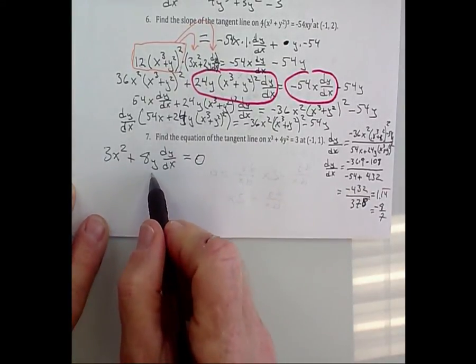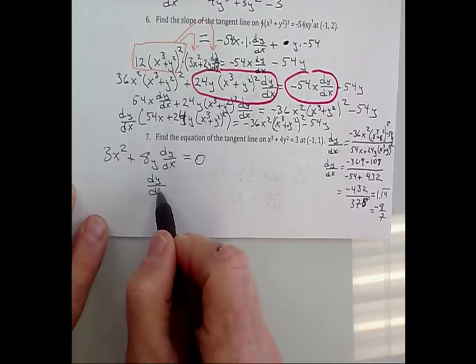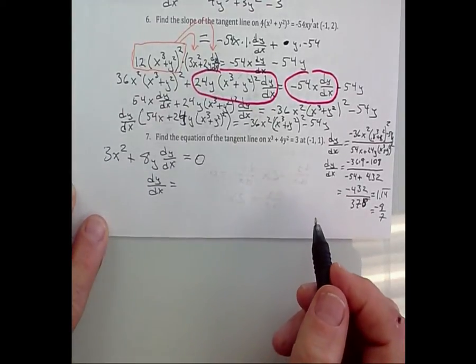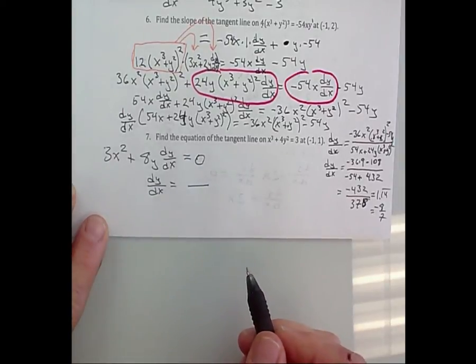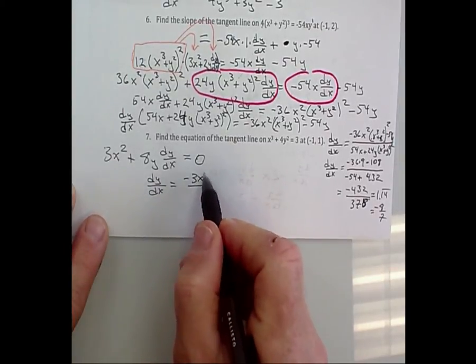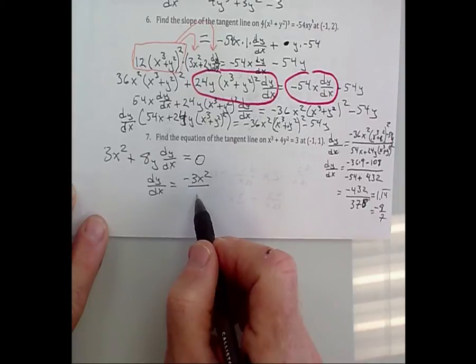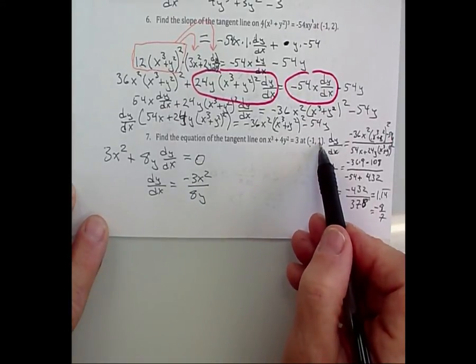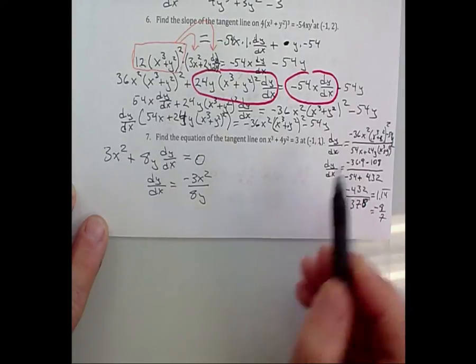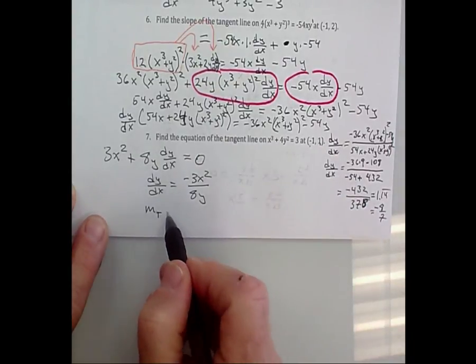So what does that mean that dy dx is? And our point is negative 1, 1, correct? So what's the slope of my tangent line?